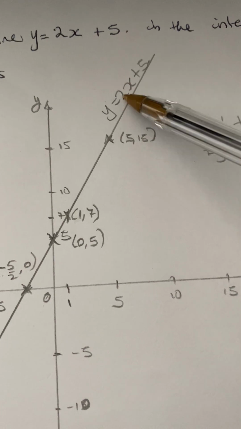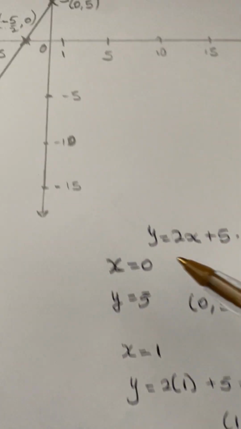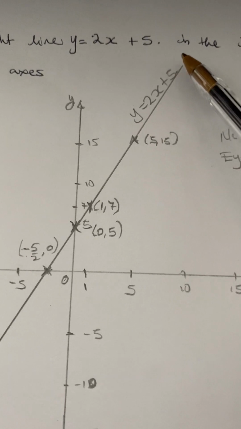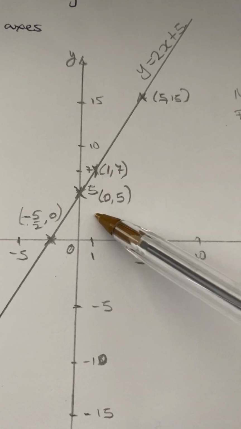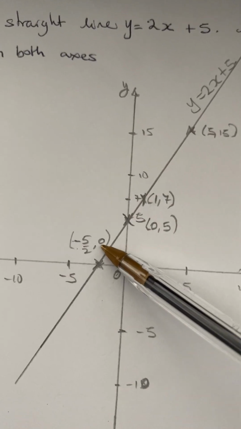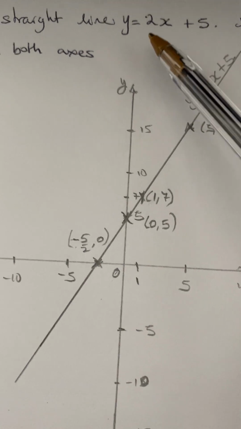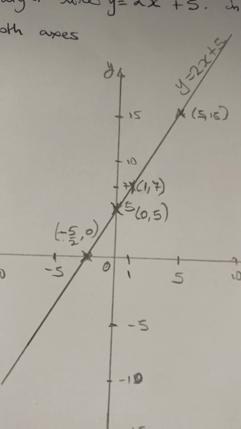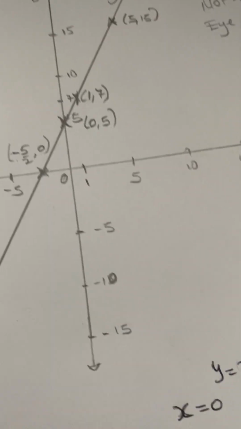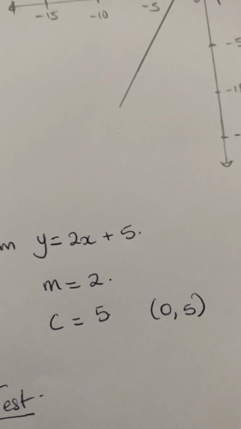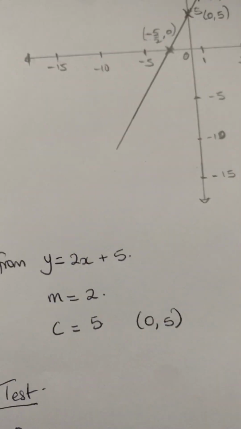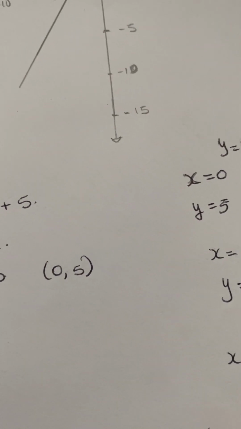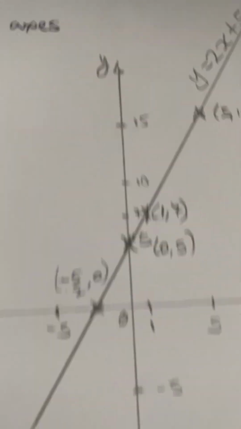Now I'm using the y-intercept from the formula of the equation and the gradient. If you use any 2 points, your gradient should be 2. So we can test it and see. Assuming we use one of the points 5, 15, and the other one is 0, 5, we should get a gradient of 2.